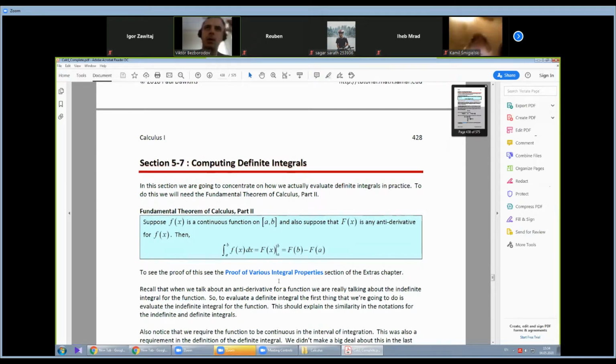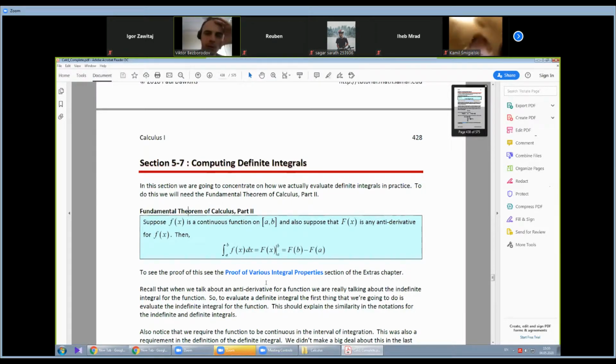Okay, so now we come to computing of the definite integral. And of course, we use the second part of the fundamental theorem of calculus. The easiest way to compute a definite integral, if it is possible, is to compute the related indefinite integral, and then just use this formula.